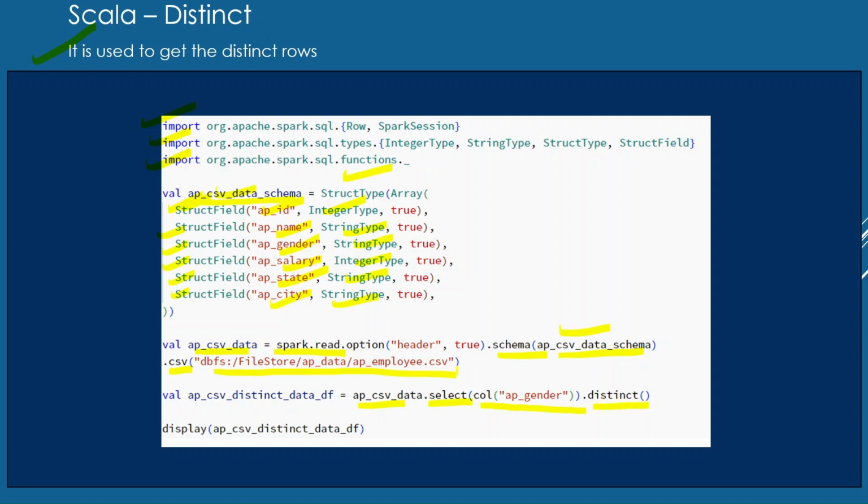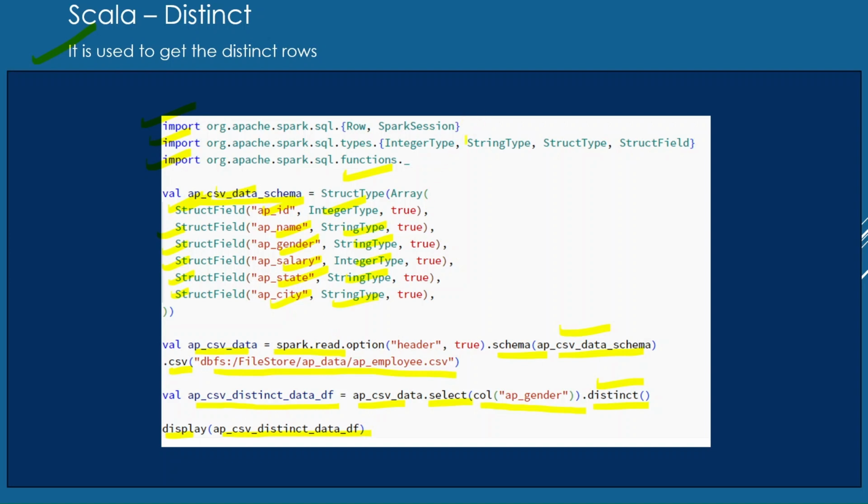So it will select the column AP gender, but only those values which are unique, because we have applied distinct over AP gender. It will give the unique records present in AP gender and put those records in this newly created data frame. With the help of the display function, I am displaying the content of this data frame.